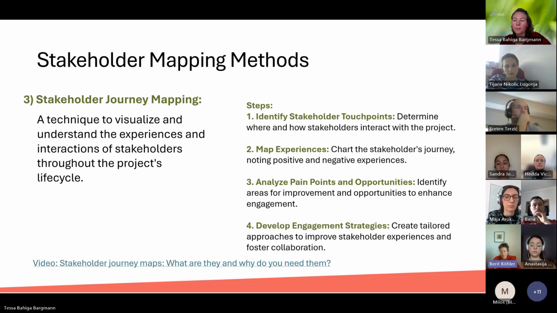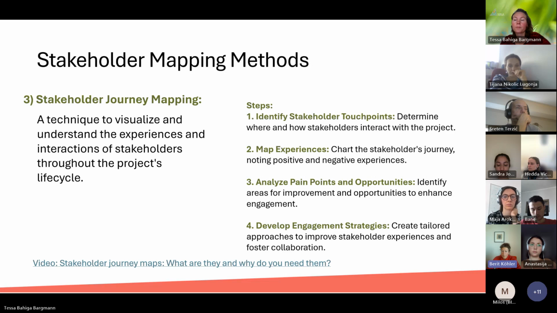First of all, to identify stakeholder touchpoints, that is to determine where and how stakeholders interact within the project. And this has to do with the setup of the living lab and the specific activities, right? But that's something to keep in mind. So how would they interact throughout the project?